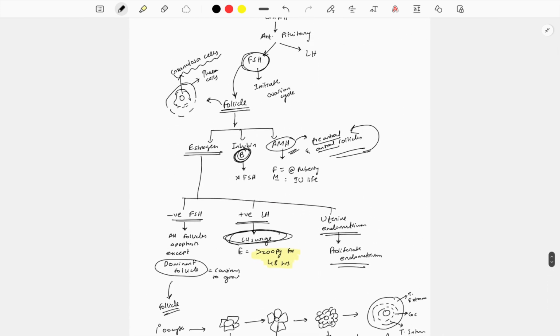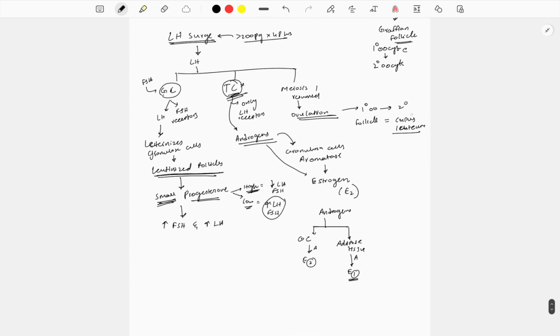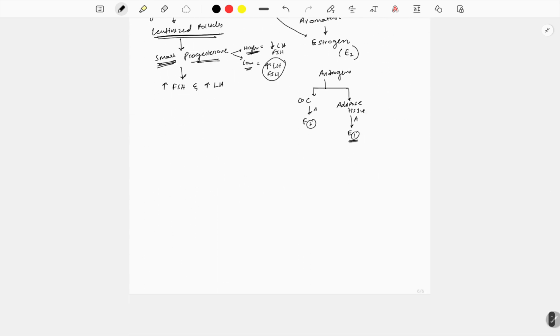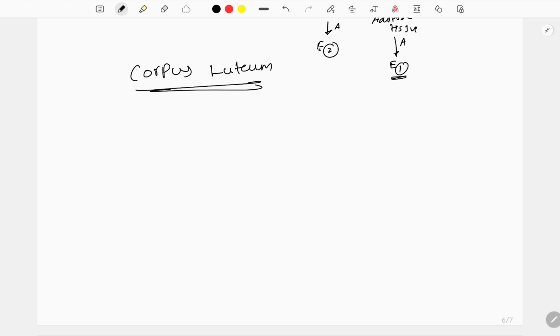The first part is due to FSH, the second part is due to LH, the third part happens due to corpus luteum. So what does this do? The growth and activity of the corpus luteum is maintained by LH, and the maximum size and maximum activity of this corpus luteum is seen at day 22 of the cycle.